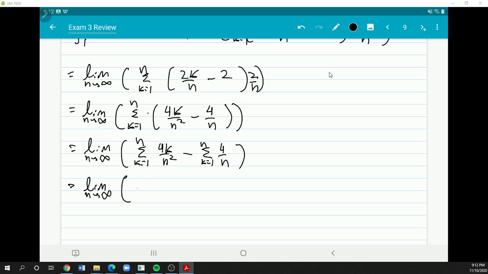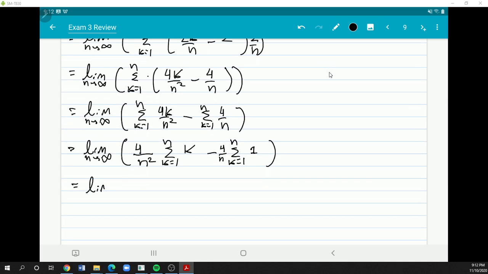So the sum definitely knows that 4 is a constant. Also, it thinks that n is a constant. So I can pull out an n squared and get the sum from k equals 1 to n of k, minus the sum from k equals 1 to n of, well, 4 is a constant, n is a constant, so this is just 1.